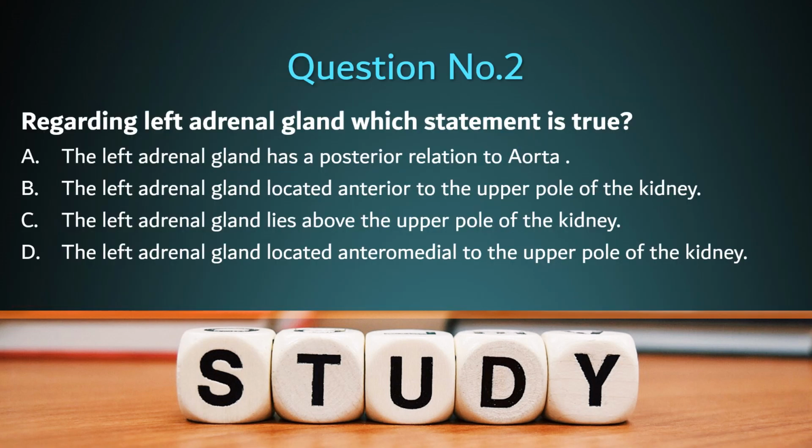Question number 2. Regarding the left adrenal gland, which statement is true? The left adrenal gland has a posterior relation to the aorta; the left adrenal gland is located anterior to the upper pole of the kidney; it lies above the upper pole of the kidney; or it is located anteromedial to the upper pole of the kidney.